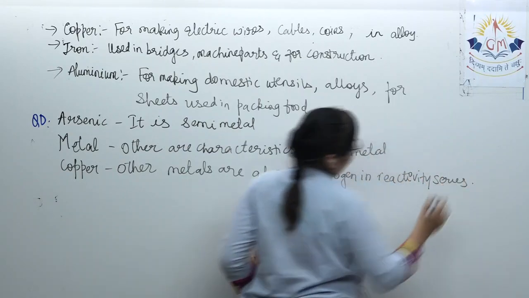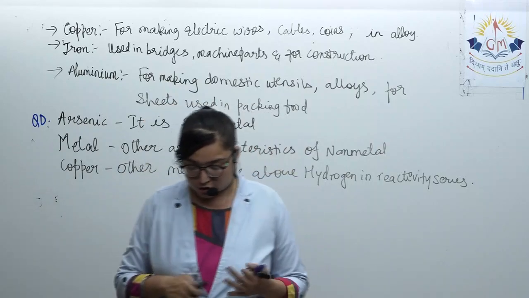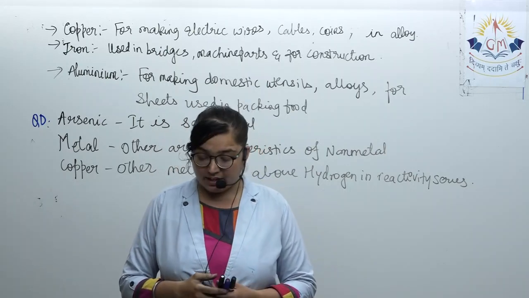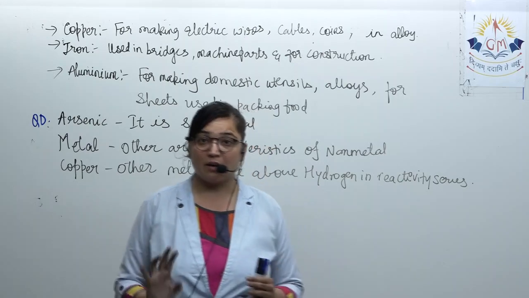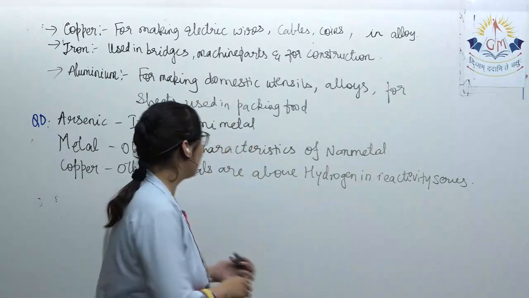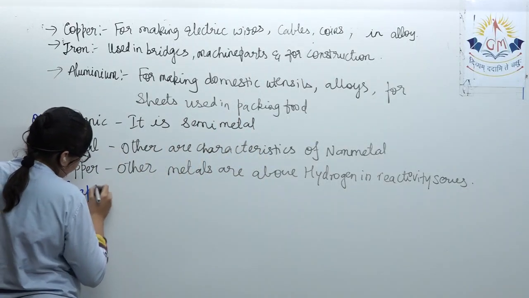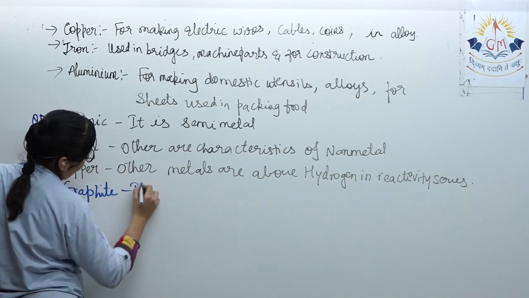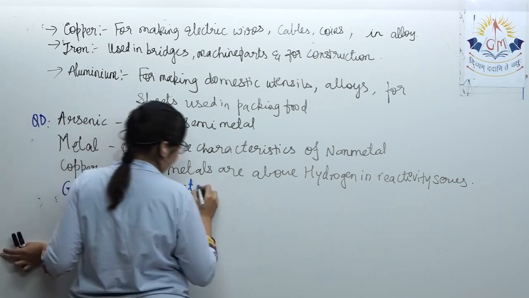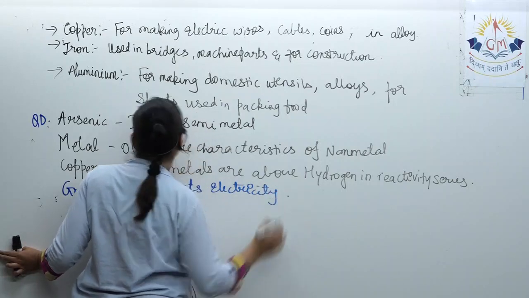Let's move on to the next answer. Sulfur, phosphorus, graphite, carbon. All are non-metals, but amongst them graphite is a good conductor. So the answer is graphite, because it conducts electricity. The rest are all insulators.